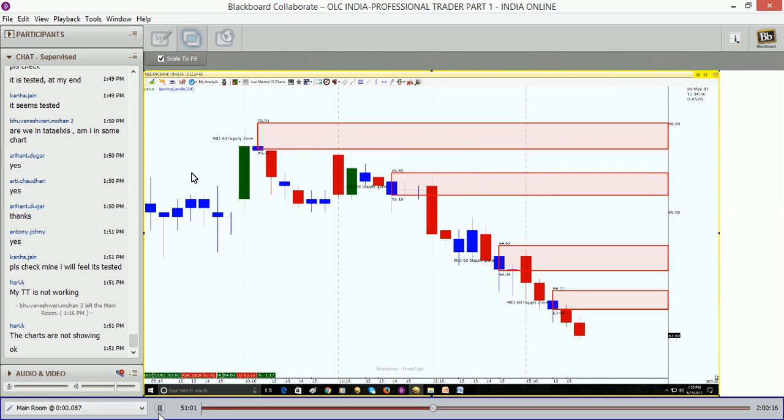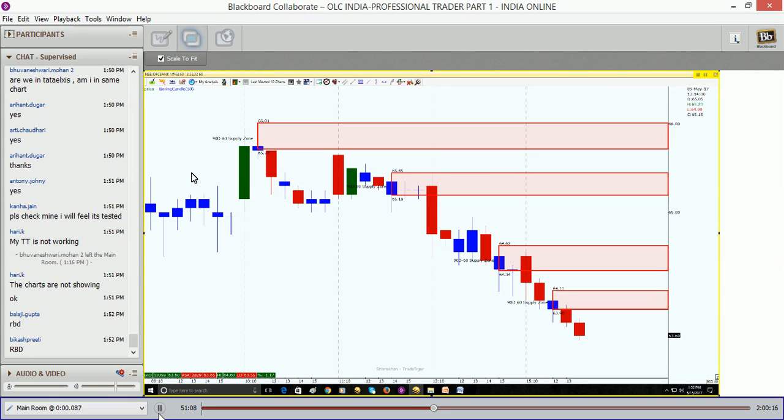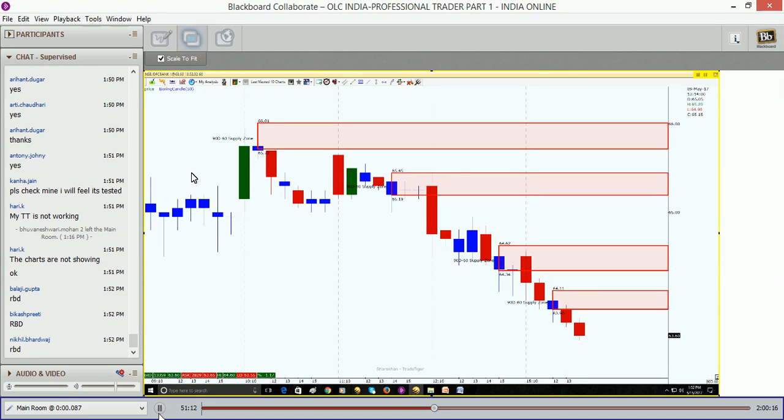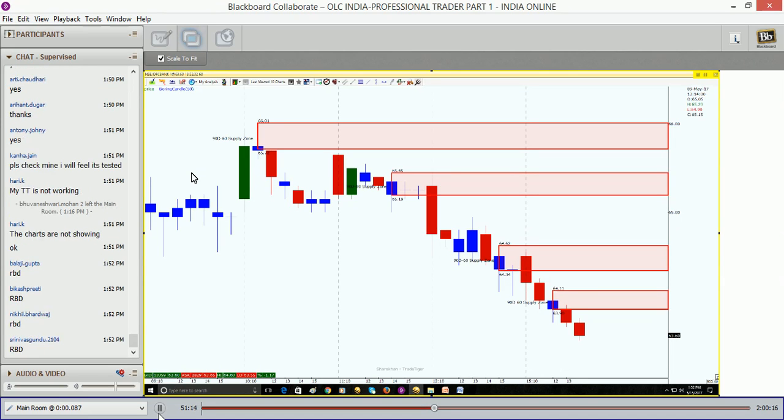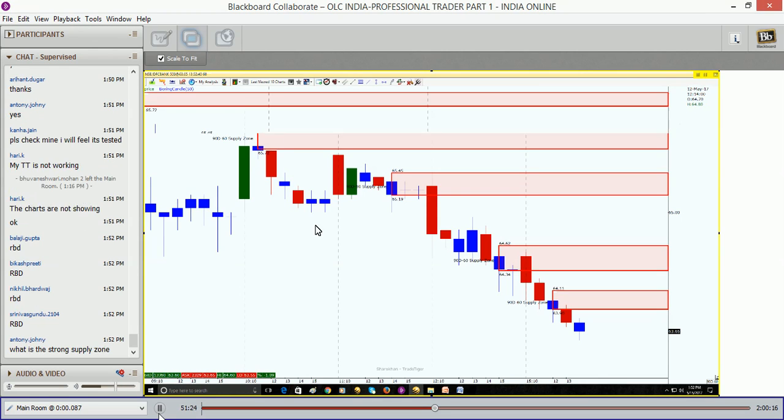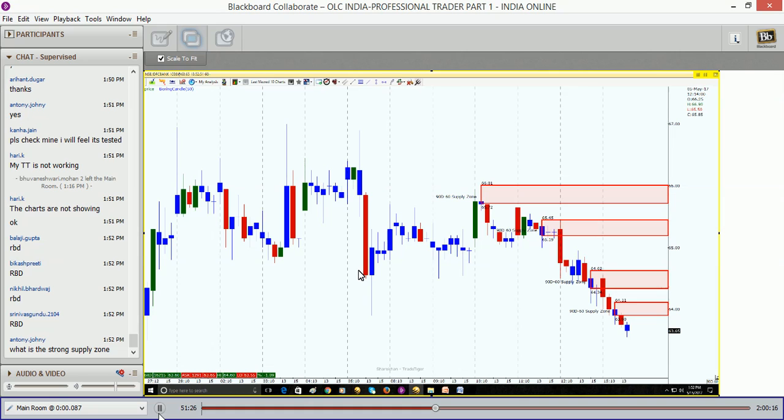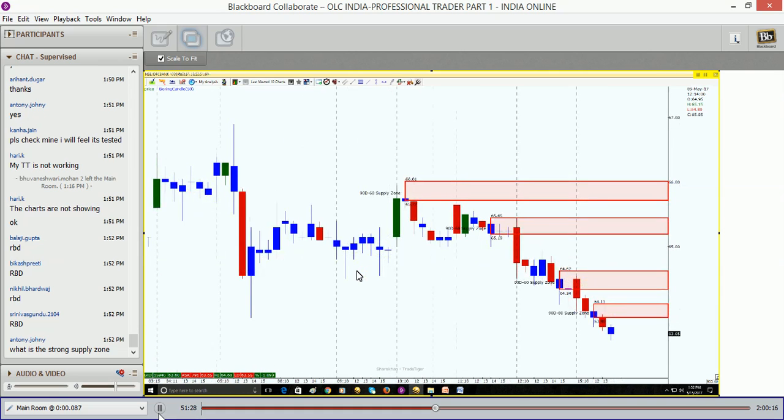What is this called, guys? Will this also be a drop, base, drop? This will be called a rally, base, and a drop. Fantastic, guys. What is the strong supply zone?